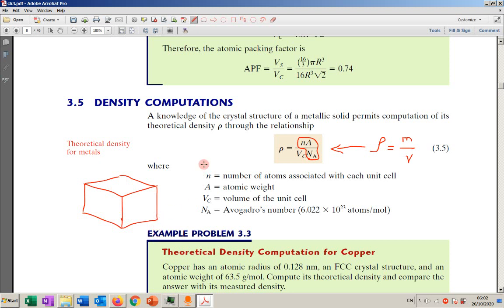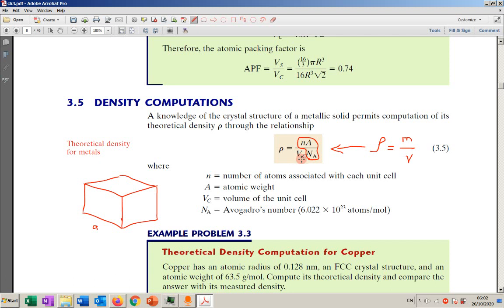Remember, for calculating density, you will make one of them constant. It's easier for calculation. So here we'll stick to a cube. We have a cube whose side will be A. Now I can calculate the volume of this cube. So VC stands for volume of the unit cell that we explained.